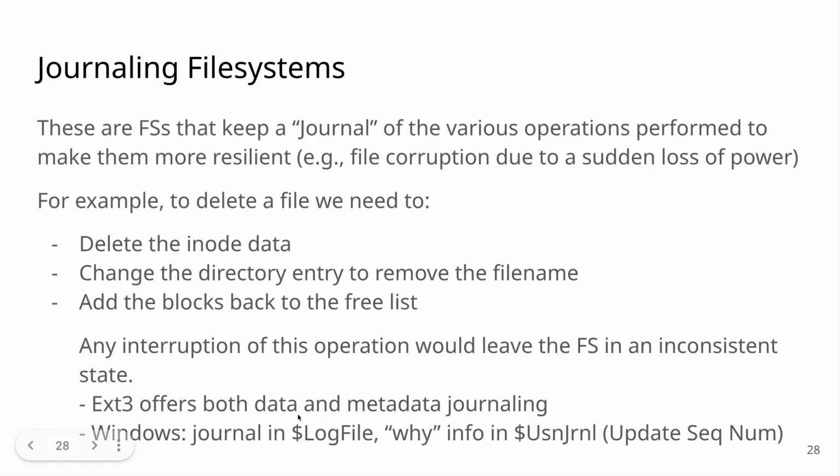Now on Windows we have this special file called the log file, and this is again a similar metadata type of journal. For example, it records what should happen in the directory entry and all that stuff when the file is being deleted, as in this example. But we also have the USN journal, where USN stands for update sequence number, which is a more high-level journal that keeps some sort of why information, why this operation is happening to begin with.